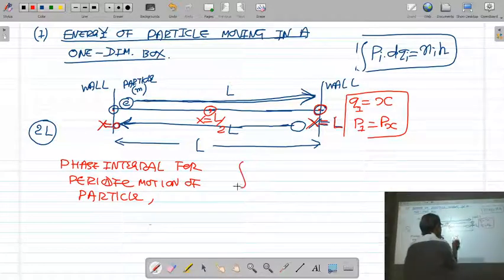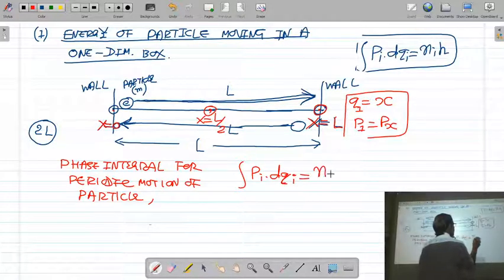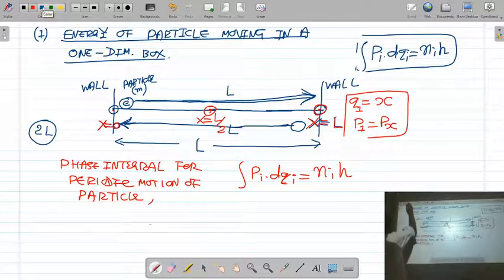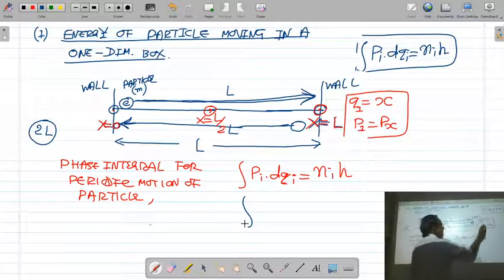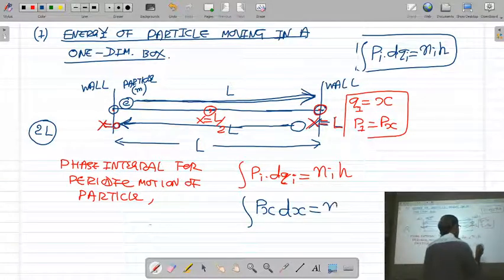What is the standard form of phase integral? This: the integral of pi dqi is equal to nh. The value of the phase integral is an integral multiple of Planck constant h. Okay, I write this phase integral for our periodic system: for the particle in the x direction the momentum is px, the position coordinate is x, so the integral of px dx is equal to nh.